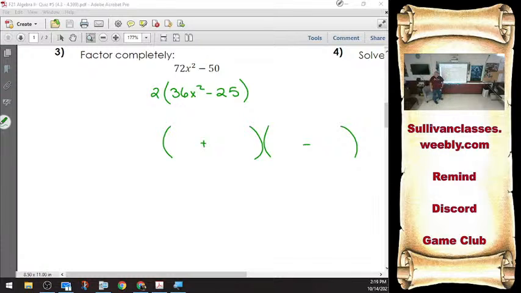And they're going to be the square root of the A and C terms. Square root of 36x squared is 6x. Square root of 25 is 5. Don't forget your kid brother at Burger King. Okay, don't forget the 2.